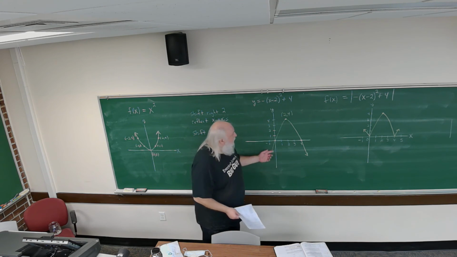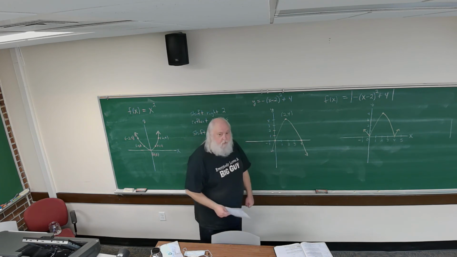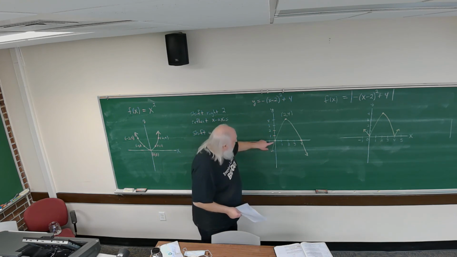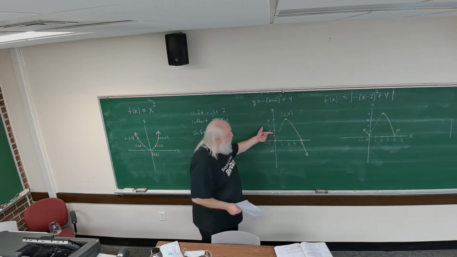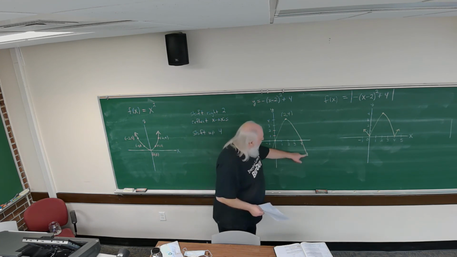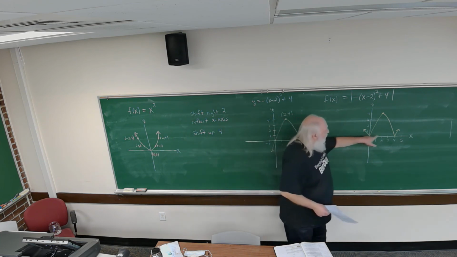So when we take the absolute value, the y coordinates for these parts of the graph below the x-axis change sign. They become positive, and so this part of the graph gets flipped over the x-axis and goes up and to the left, and this part of the graph that's below the x-axis gets flipped up and goes up and to the right, and that's what we have here.